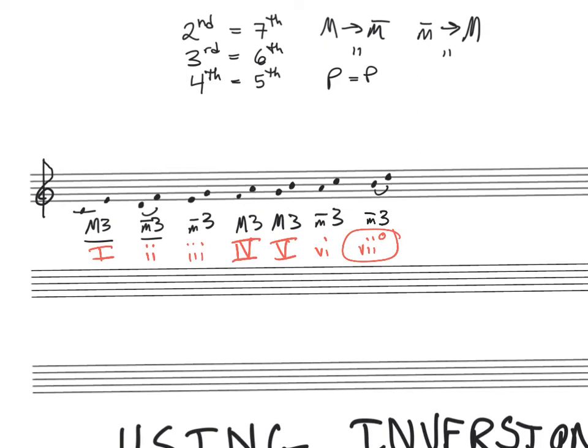So remembering this pattern is something you're going to need to know in the future anyway. So just remember major, minor, minor, major, major, minor, and for now we'll just say minor because we're just looking at the thirds.